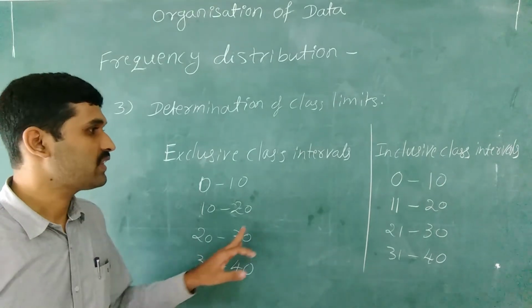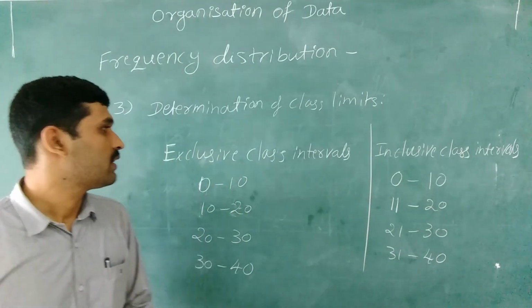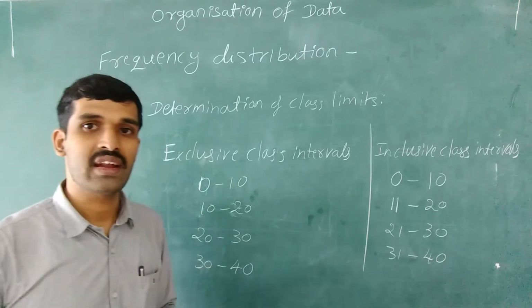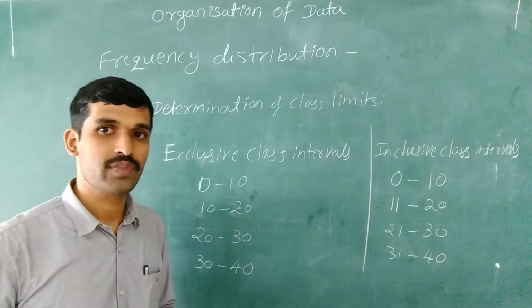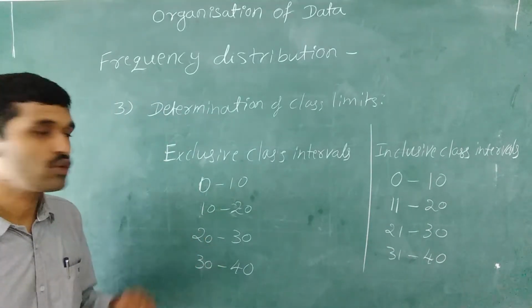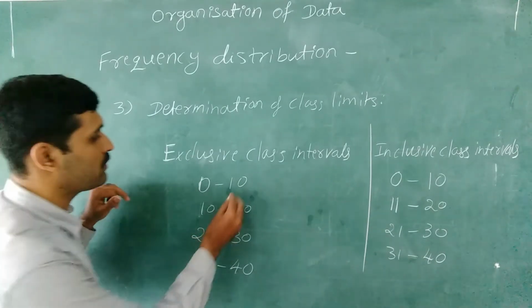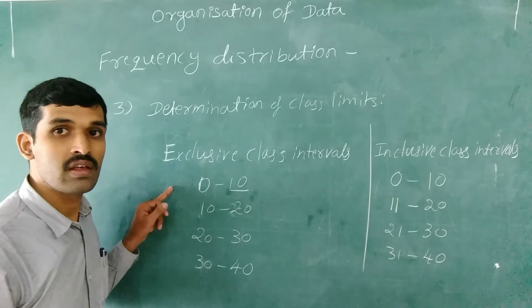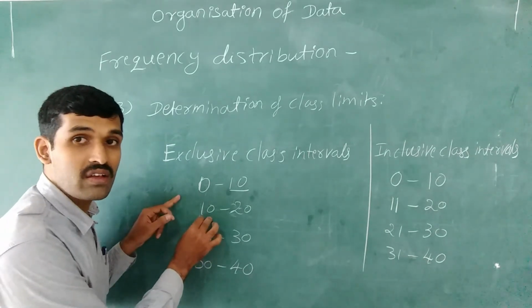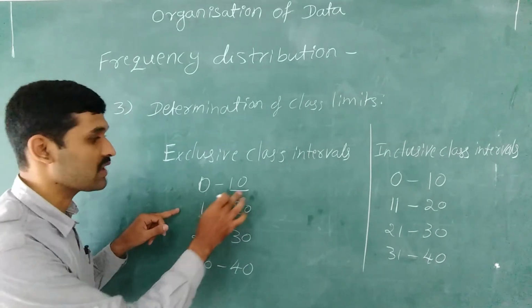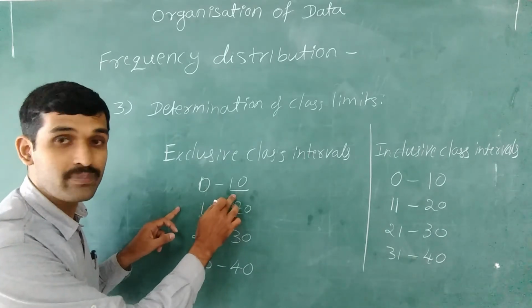You can identify the difference between exclusive class intervals and inclusive class intervals. In exclusive class intervals, the upper class limit of the first class and the lower class limit of the second class are the same, 10 and 10 you can find here, right?